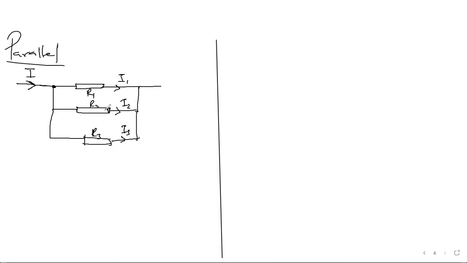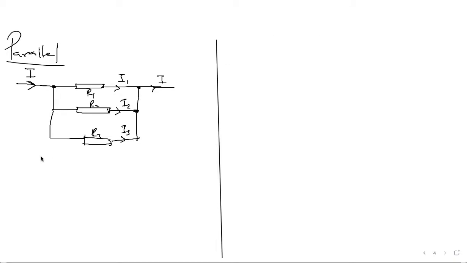When the currents get here, they will recombine. Everything will combine together and will still form the I here. So the I here is the same as the I that forms when all the currents recombine.